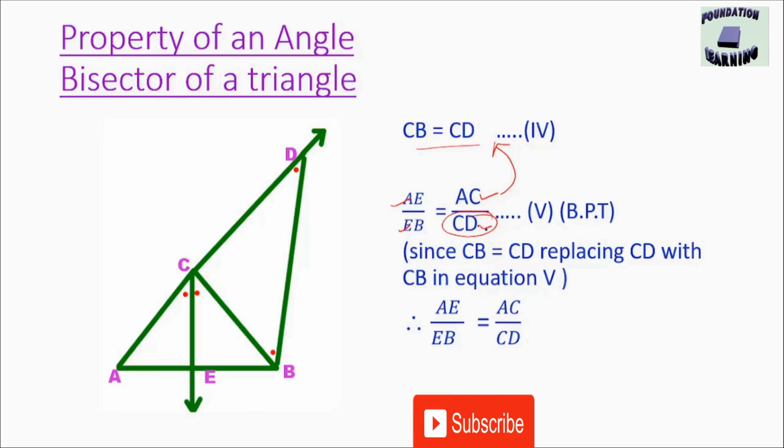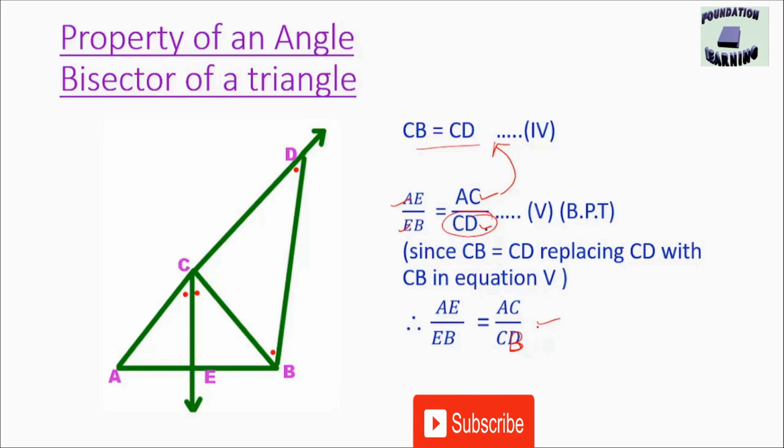So the final equation will be AE upon EB is equal to AC upon CB. This is what we wanted to prove.